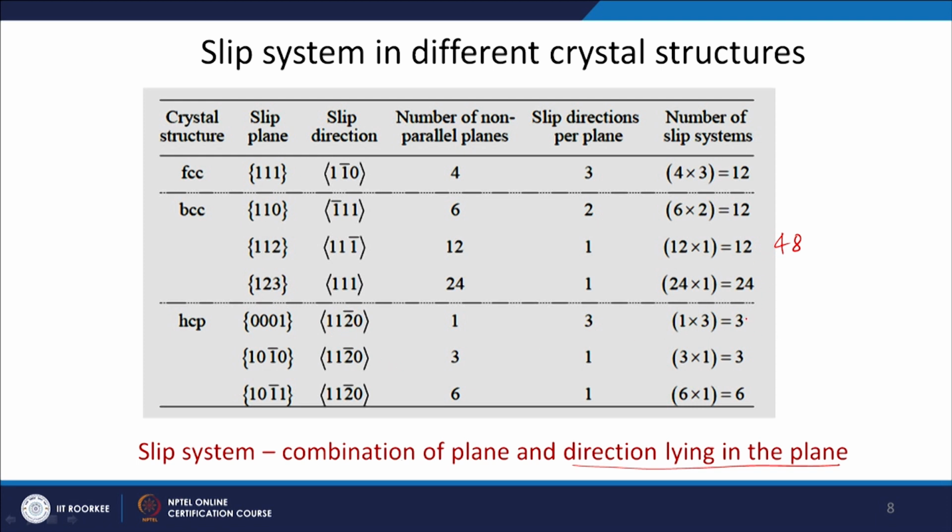There are 3 actually which satisfy the close pack plane and close pack direction condition. The other 2 are similar to BCC type. Here also you get 12 systems. So, you can see that FCC has a very efficient slip system.